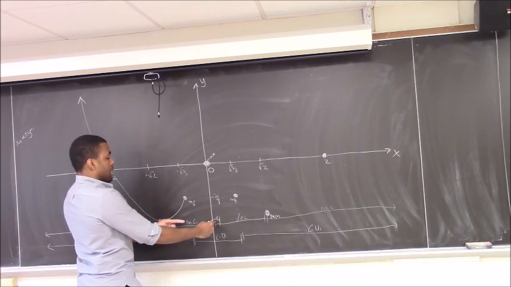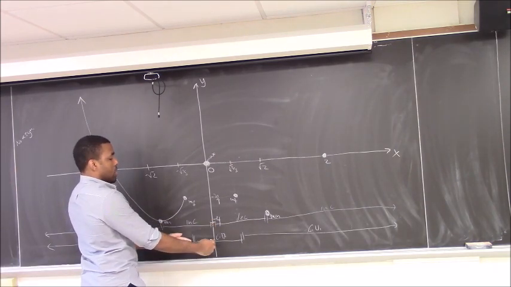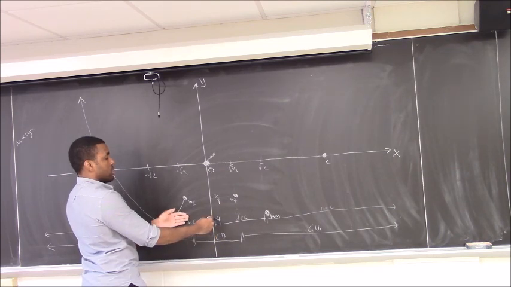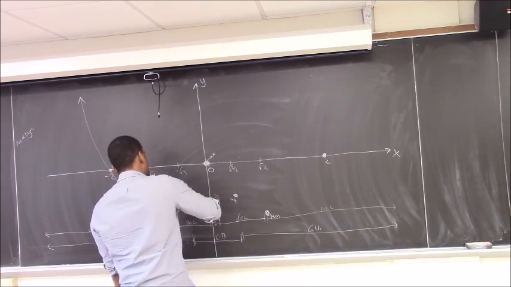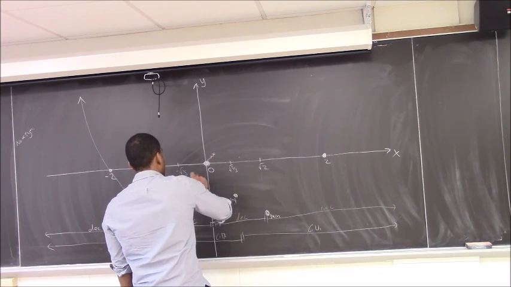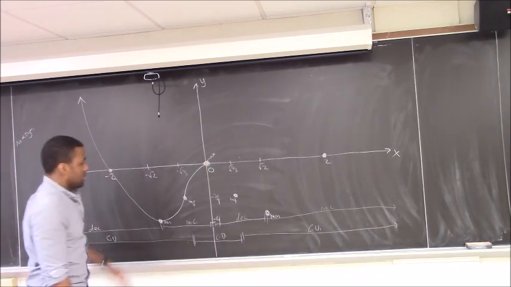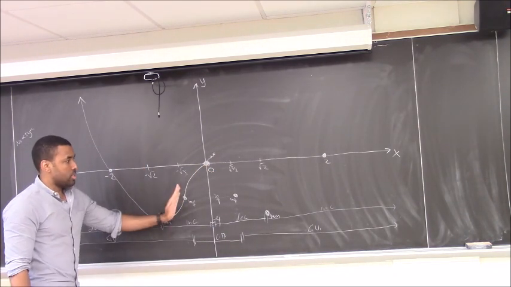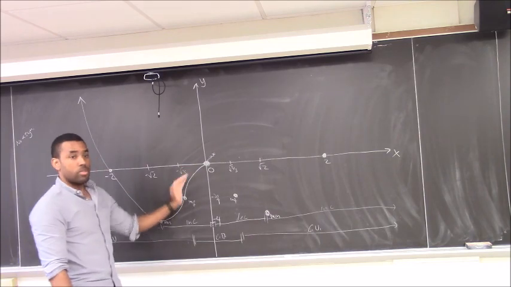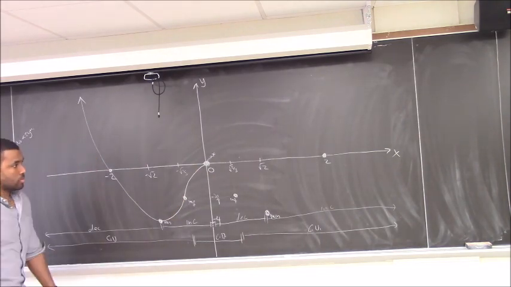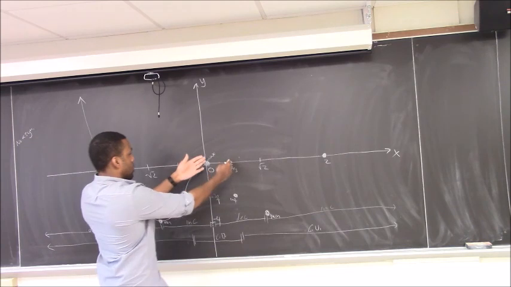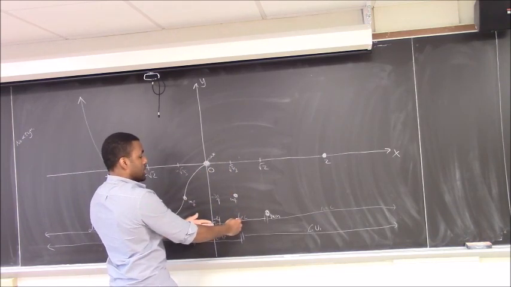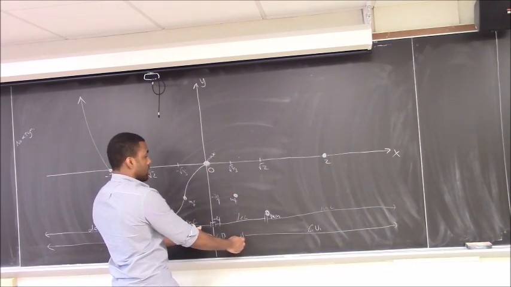Move over here, I'm still increasing, but now I'm in the concave down region, so I'm increasing concave down. So here I'm going to switch concavity. See here I was a smiley face. I pass through this point, I'm now a frowny face. Now over here, notice now I'm decreasing and I'm still concave down.